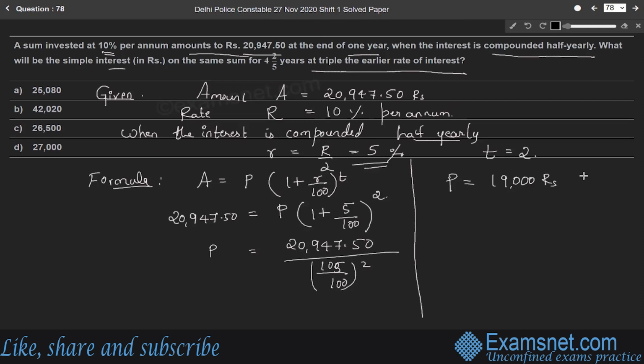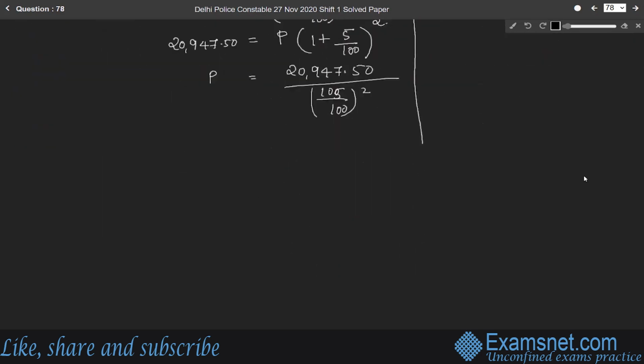What will be the simple interest in rupees on the same sum for 4 integer 2 by 5 years at triple the earlier rate of interest? So here, earlier the rate of interest was 10% per annum, right? So here, second part, when R is equal to triple the earlier rate, that is 3 into 10, which is 30%.